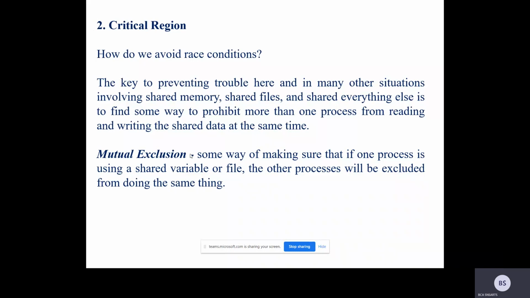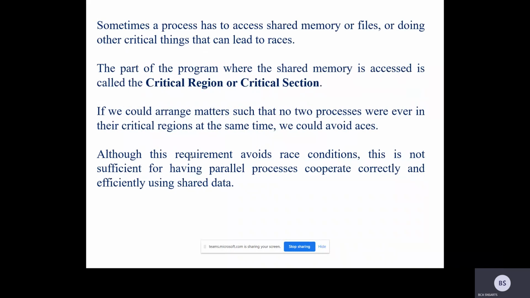So mutual exclusion is some way of making sure that if one process is using the shared variable or file, the other processes will be excluded from doing the same thing. So we can avoid the race condition with the help of the critical region, in which they have introduced the concept called mutual exclusion. Let us look at what a critical region is.